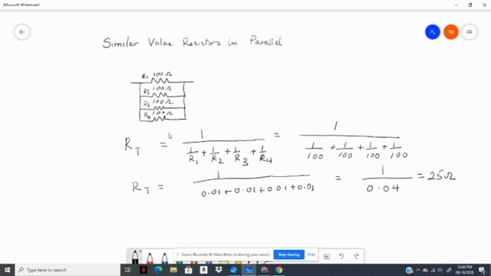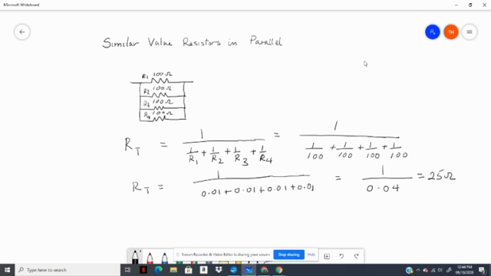So we have 4 resistors, 100 ohm resistors, and they yield 25. So we can guess that to find the value of these 4 resistors in parallel, we simply divide by 4, which is the number of resistors.